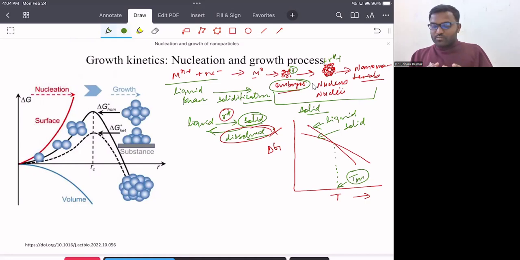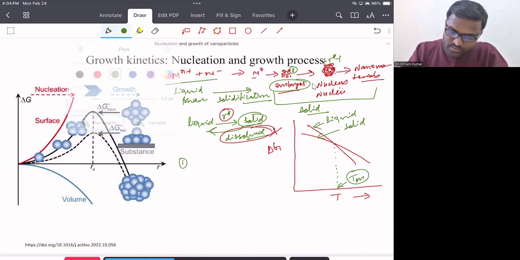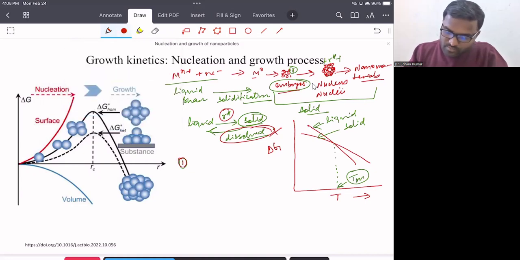So if you want to monitor the change in the Gibbs free energy below the melting temperature and above the melting temperature, we will have the change in the energy here. From this plot, the first condition is when the temperature is less than Tm.